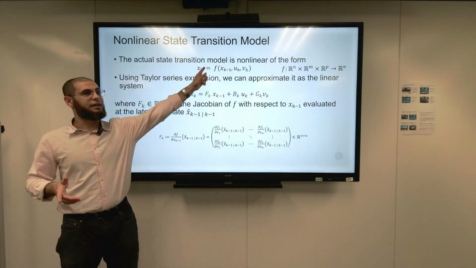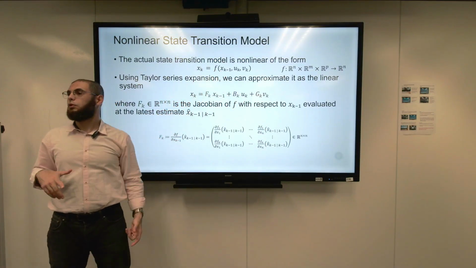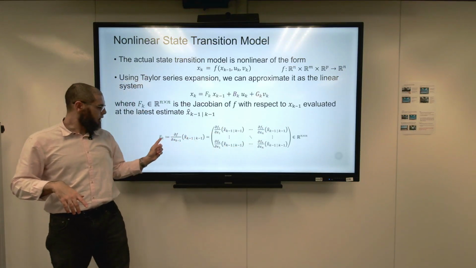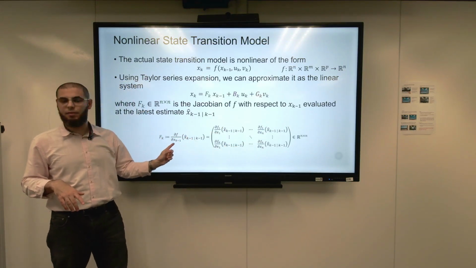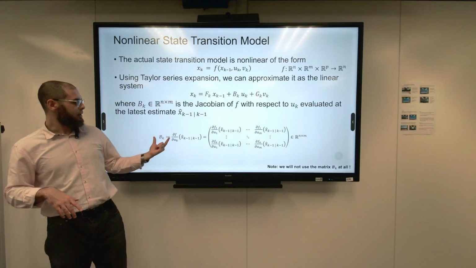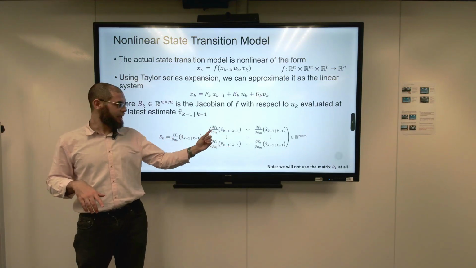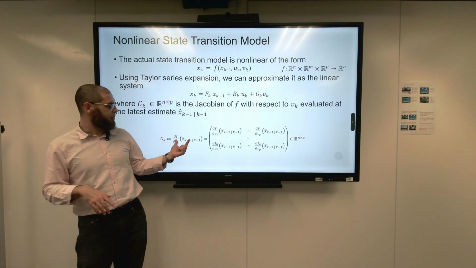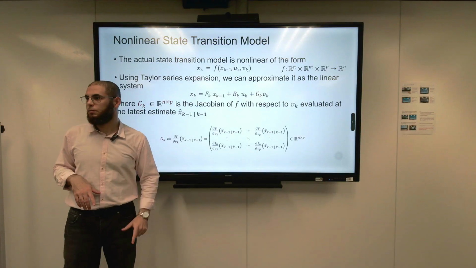Simply just take the function f and do all of this Jacobian calculation. So this is how the Jacobian of the f with respect to xk minus 1 will be. This is the fk. This is how the bk will be. You should take partial differentiation with respect to the u's. And this is how the gk will be. You will take partial differentiation with respect to the v's.